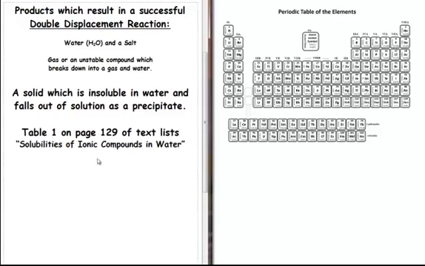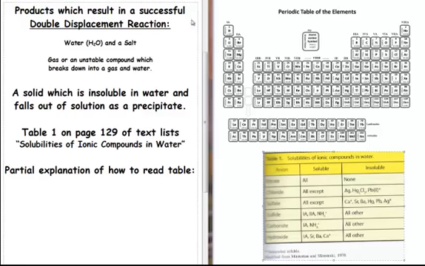In your textbook on page 129, Table 1, titled Solubilities of Ionic Compounds in Water, provides some information to help us with this. Here's a partial explanation of how to read that table. Not a perfect scan, but again, you can look at it on page 129 of your text.